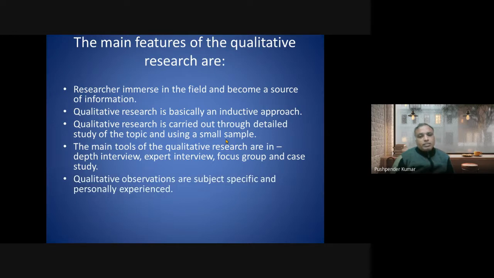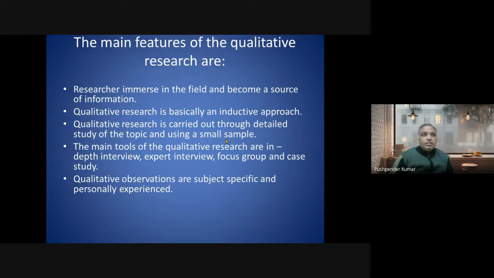Qualitative observations are subject specific and personally experienced. It would be more a qualitative one. It would be very subjective also. It's very difficult to generalize this kind of concept. But over a period of time, when you develop an argument on the basis of practice, on the basis of experience, maybe you want to see whether that same phenomena is applicable in other cultures or not. For example, as I say, people are lazy by nature.